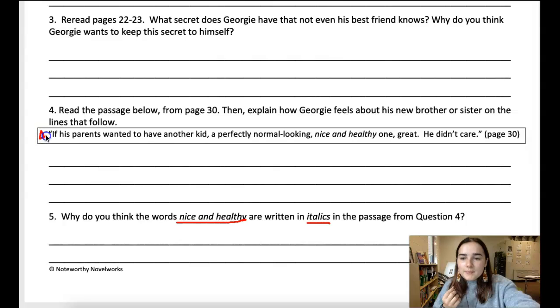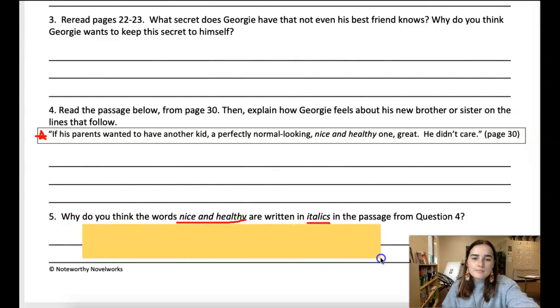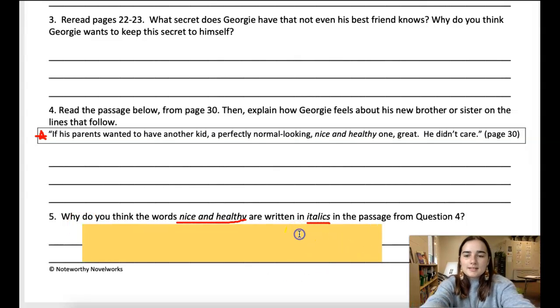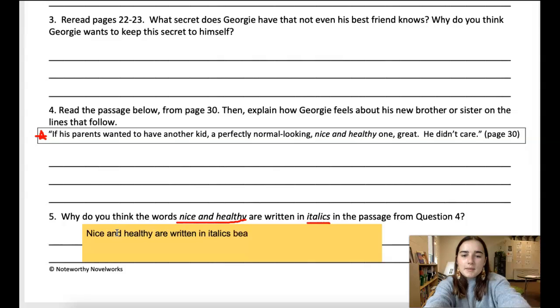"If his parents wanted to have another kid, a perfectly normal looking, nice and healthy one, great. He didn't care." Why would Georgie put emphasis on those words? You can answer the question starting out like this: "Nice and healthy are written in italics because blank."